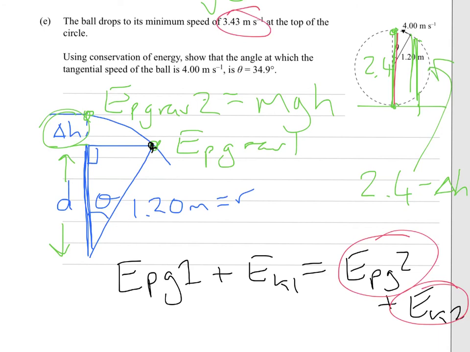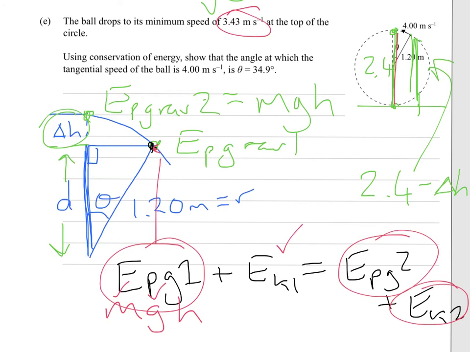The kinetic energy at position 1, we're told it's going at 4 metres per second, so we can calculate that. Then we're left with this unknown over here, which is still mgh. We don't know what that height is, but we do know mass and gravity, so we know enough using this equation to calculate the height of this point there.